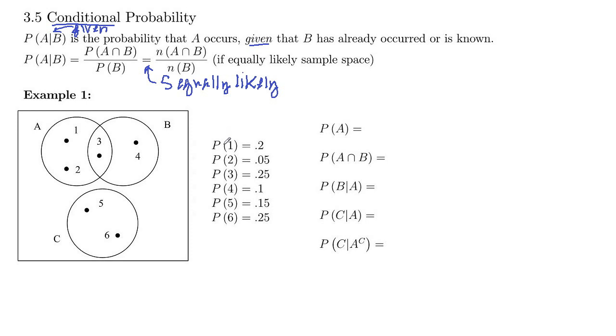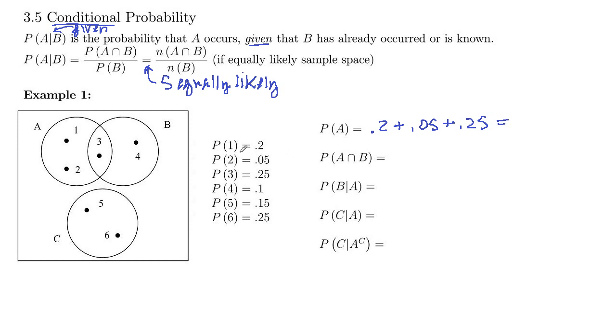So let's look at an example here. So we've got three sets A, B, and C, and 1, 2, 3, 4, 5, 6 are our sample points. Here's the probability of those sample points. So first, the probability of A. So that's going to be the sum of the probabilities of the sample points 1, 2, and 3. So this is going to be 0.2 plus 0.05 plus 0.25.